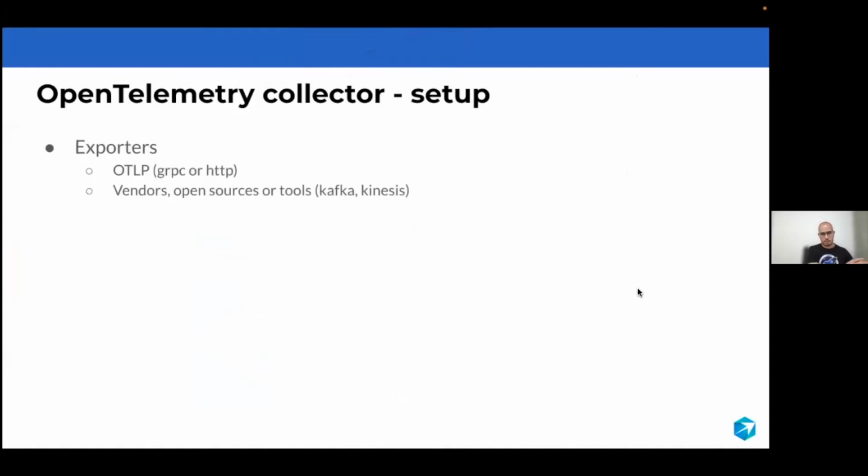So now we got the data, we changed it, and we can move on to the last part, which is to export this data. Exporting this data, you have a lot of options: to vendors, to open source like Jaeger, to databases like Elastic, MySQL, to tools that are going to save this data so someone else can receive it.